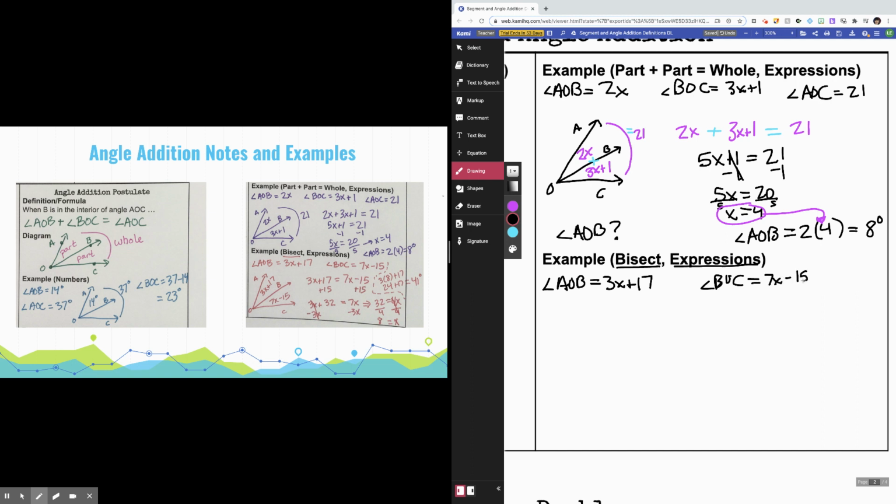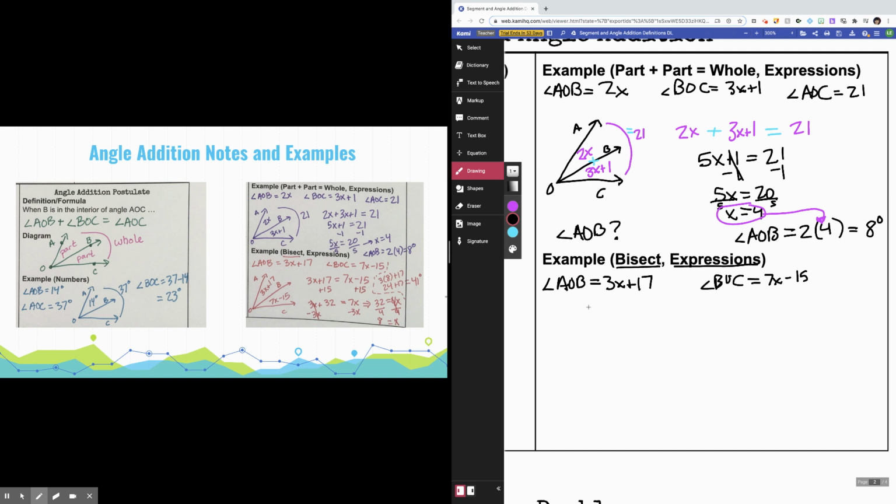Now, if you have already watched the segment practice, hopefully you'll know what to do here. So if you want to pause the video and try this on your own, you can. Obviously, you can see it on the left-hand side of the screen. Okay, but I did a problem similar to this in the segment addition practice, okay?